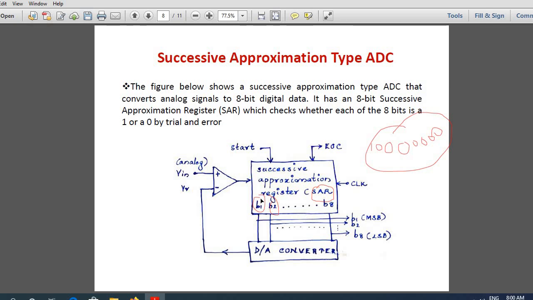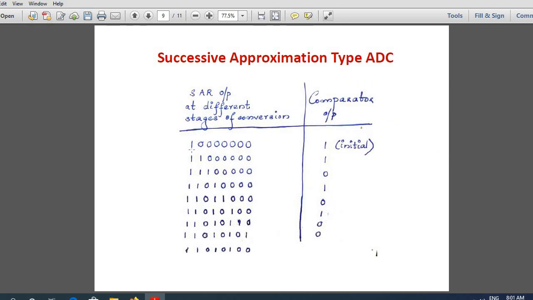So the first trial code is converted and made into a reference voltage and compared with the analog voltage. So suppose that for this particular trial code, see here, this is the first code.